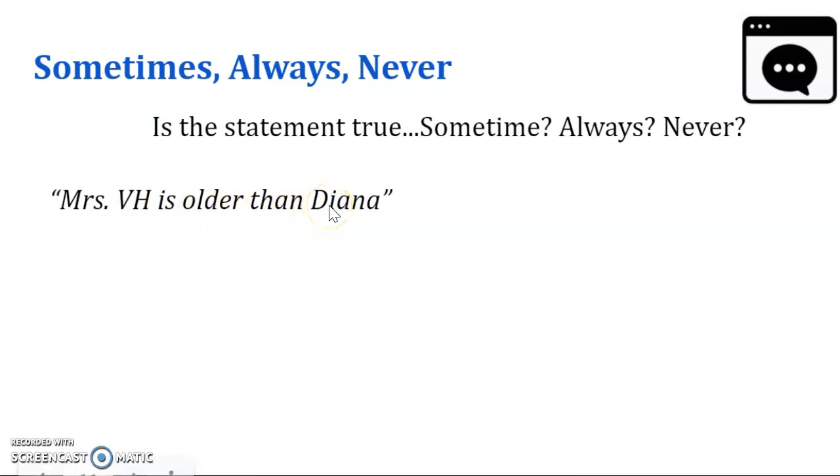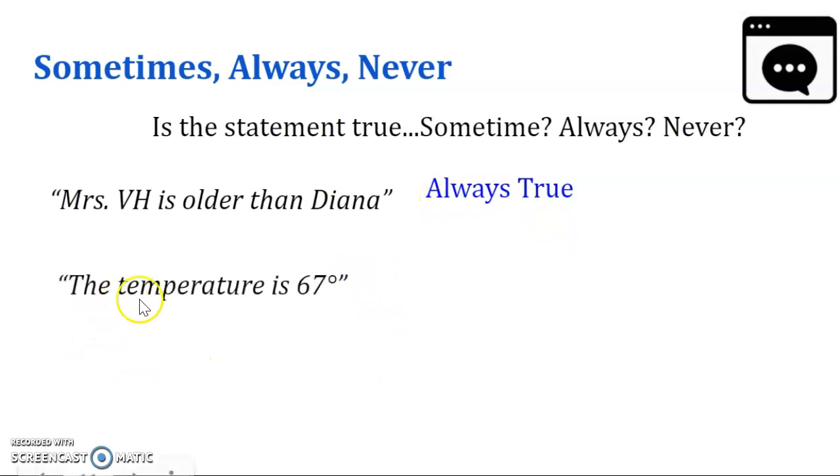Well, it so happens my birthday is coming up, so I am going to get older even more. But anyway, what do you think? Well, it's going to be true always, because as I get older, Diana is also going to get older. So no matter what year it is, it's always going to be true. So I'm going to say always true.